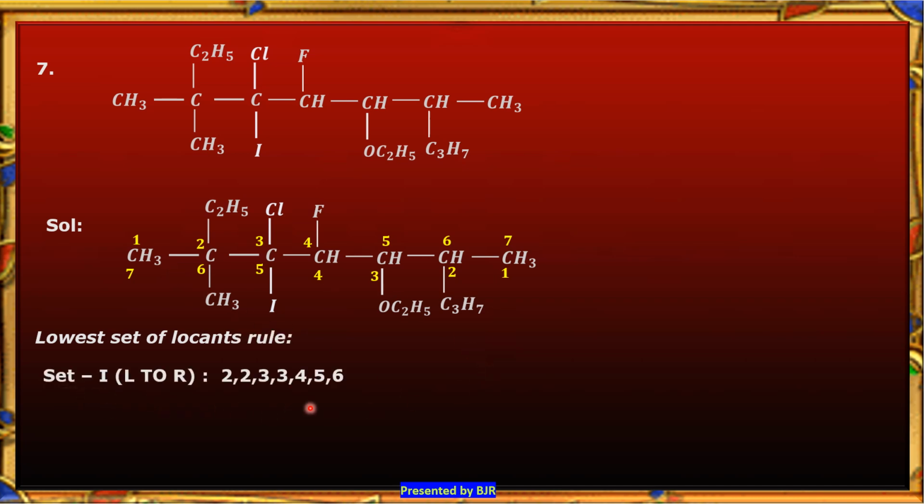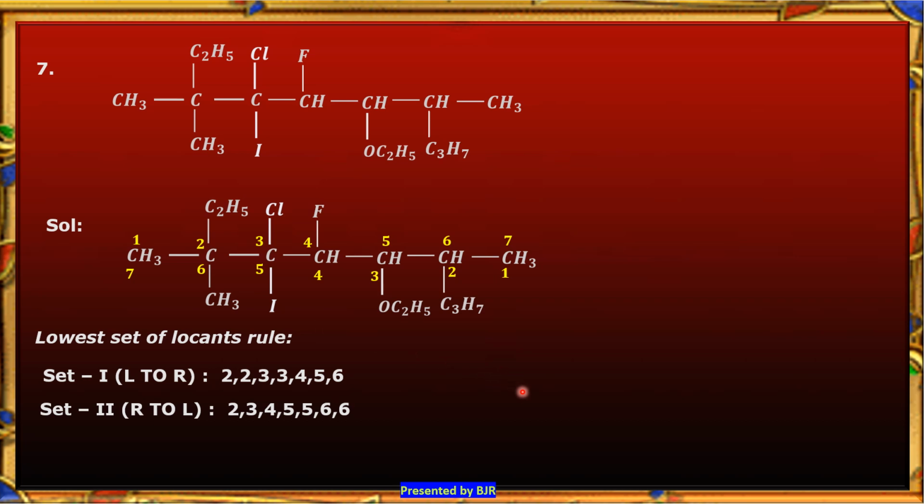From left to right, set 1 locants are 2, 2, 3, 3, 4, 5, 6. From right to left, 2, that is second carbon atom, is bearing one substituent called propyl. Next 3. Okay, see here, 2, 3, 4, 5, 5, 6, 6.